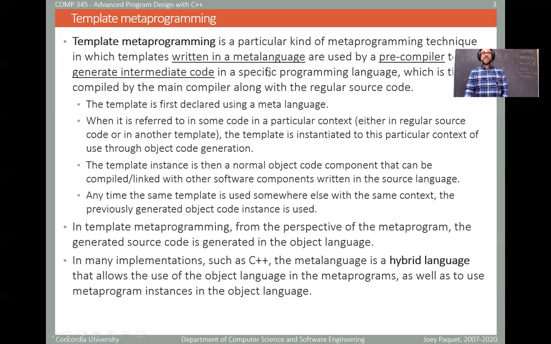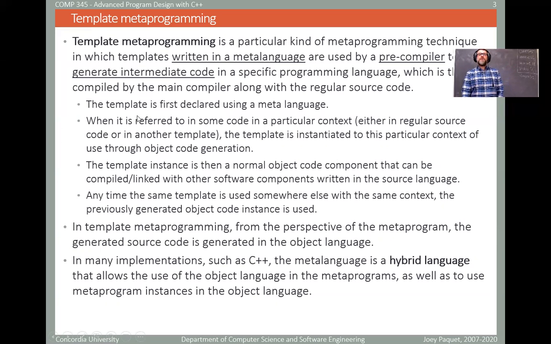In C++, you actually have a hybrid language, where the language you use to express your templates uses C++ inside the definitions of the templates. That's why it's kind of hard to see the difference between the two. I'll point out these differences as we go with some examples.